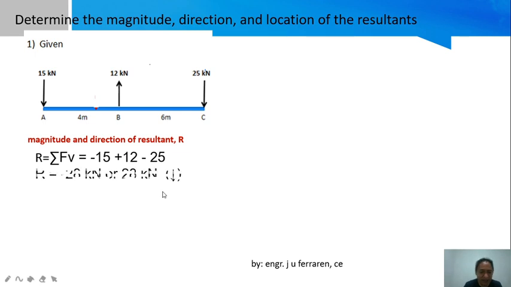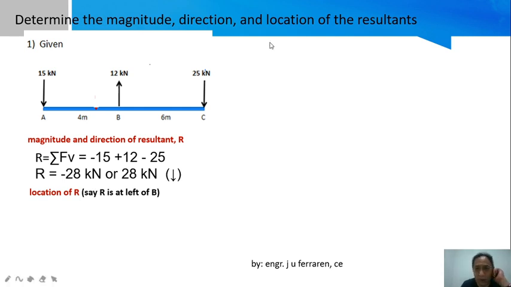So the sum is equal to, the result is negative, and again, the negative indicates downward. So that's negative 28 kilonewton, and I know that my assumption for forces going downward is negative, so that means 28 kilonewton is a downward resultant.